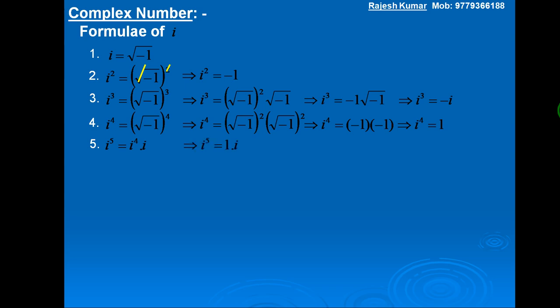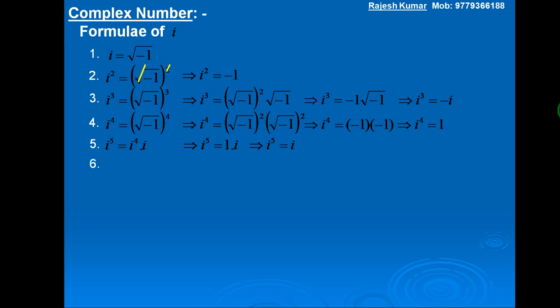This implies iota to the power 5 is equal to 1 into iota, as iota to the power 4 is equal to 1. This implies iota to the power 5 is equal to iota.